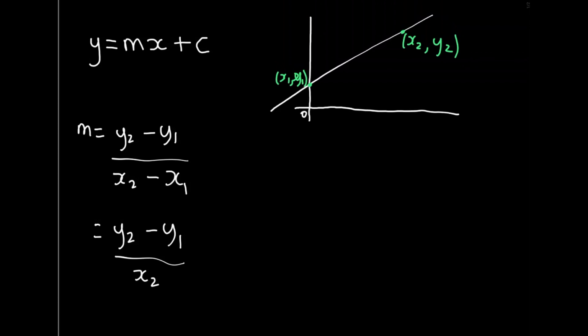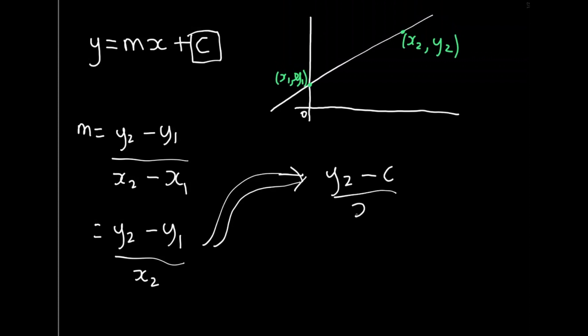And now let's inspect further. We see that y1 is actually just c, which is our y-intercept. So we can rewrite this even clearer as y2 minus c over x2. And now this may seem a bit complicated, but in an example it will become much clearer.